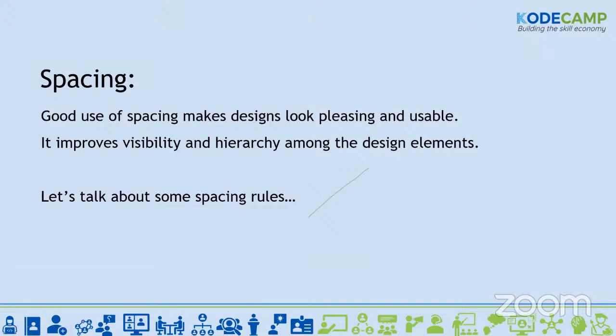Using good spacing can actually help bring about a sense of consistency and also harmony to your UI design. And what does good use of spacing do? It makes designs look pleasing and usable. It also improves visibility and hierarchy among the design elements.